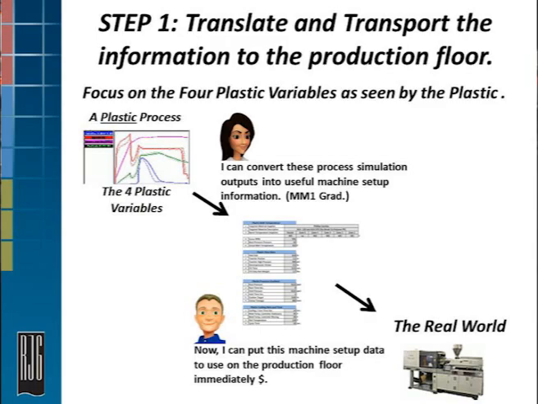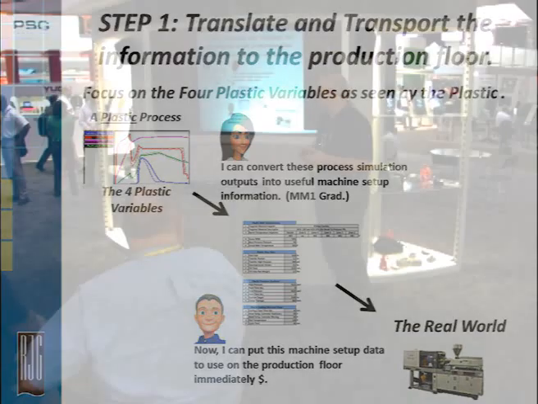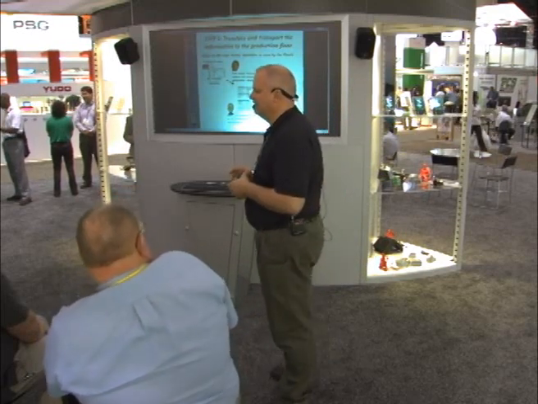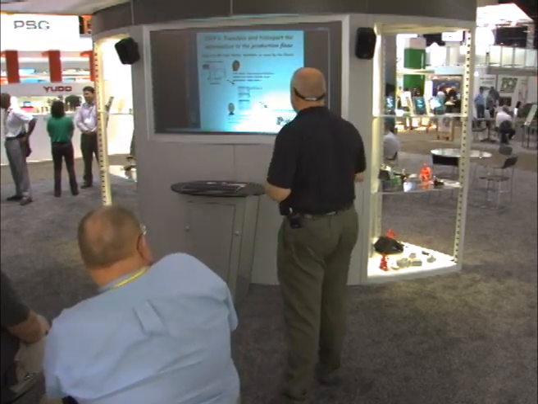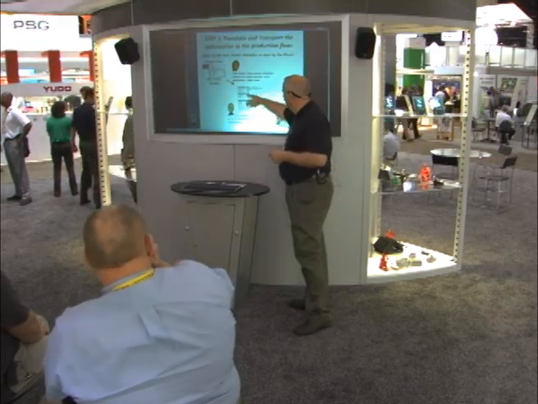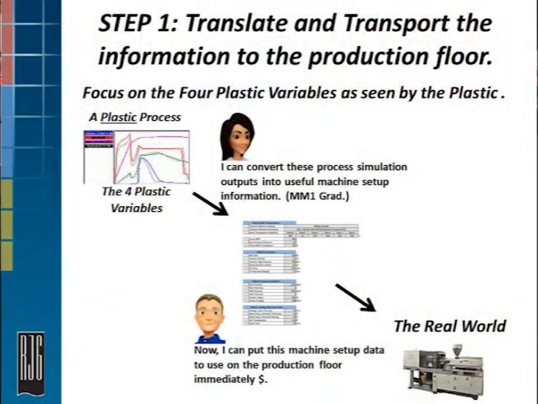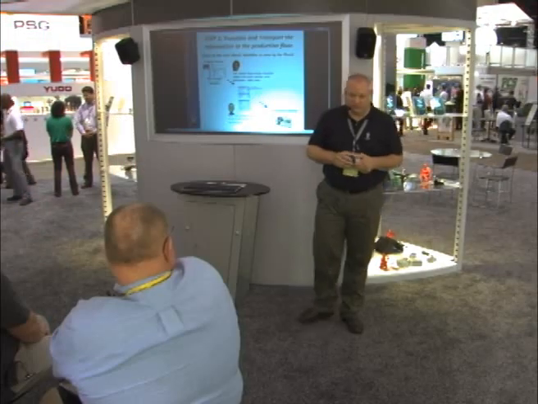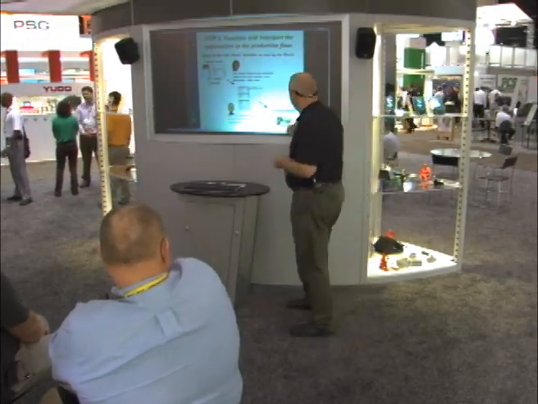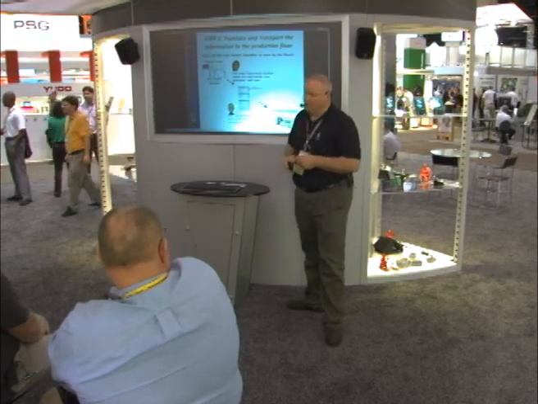I can convert these process outputs into useful machine setup information. She's a Master Molder 1 grad, so she's been given the understanding and the technology to convert this information. And now Elmer actually has a setup that he can use based on the 4 plastics variables. So obviously now he can use this information, and he goes to the machine and starts to put the process in. Immediately it's saving him some time and effort.